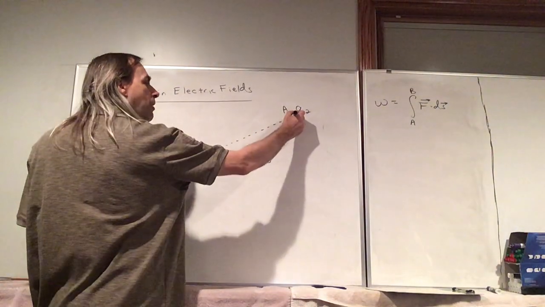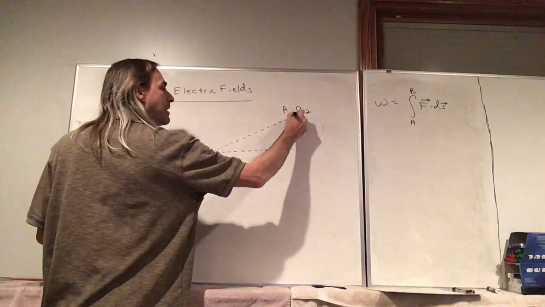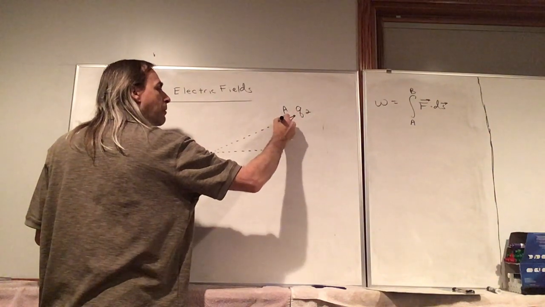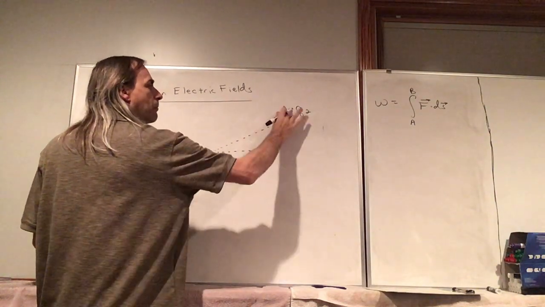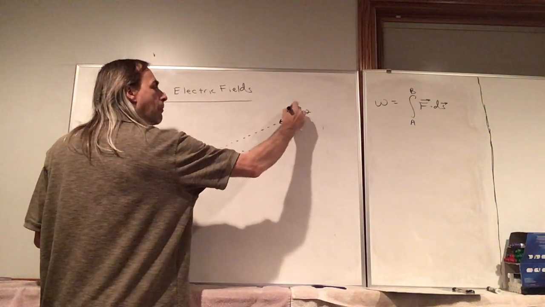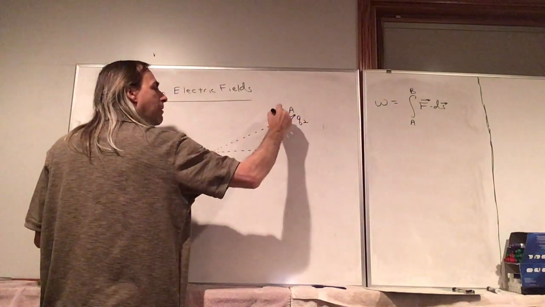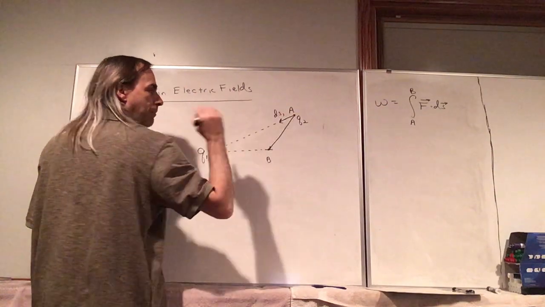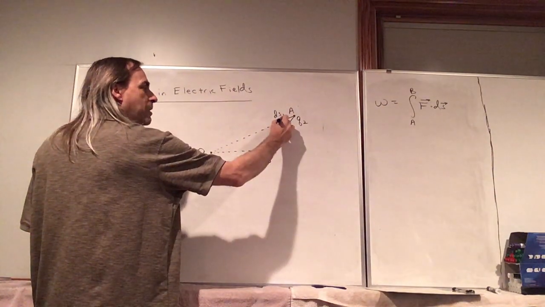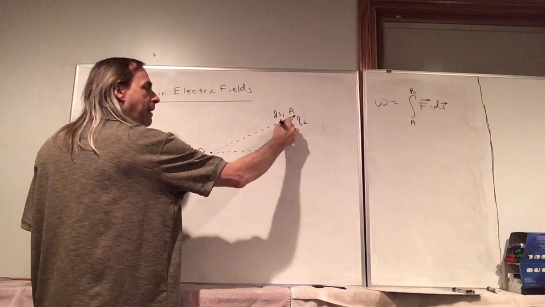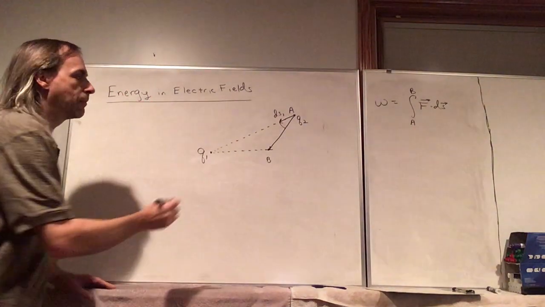So let's say instead of going directly from A to B, let's say we take a path in the purely radial direction. So let's call this ds1. And then ds2 is going to be this arc here.